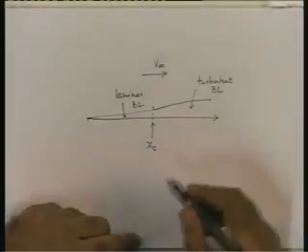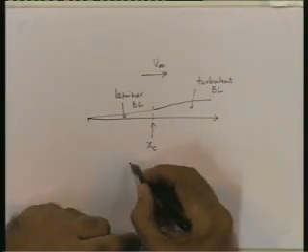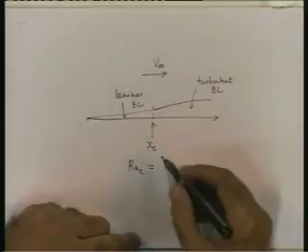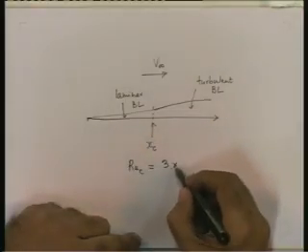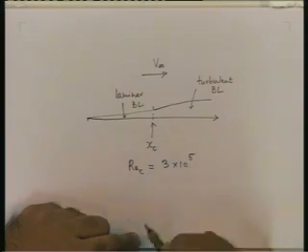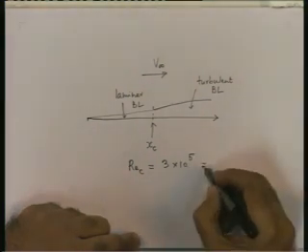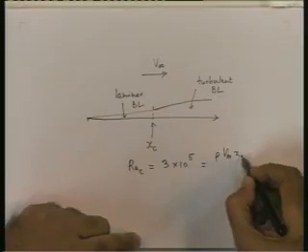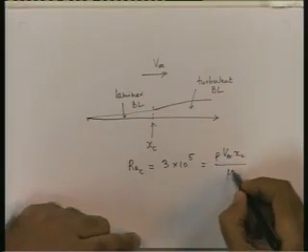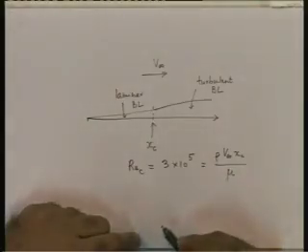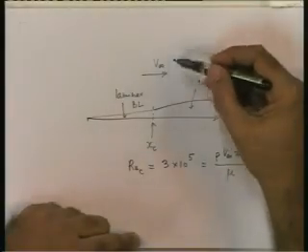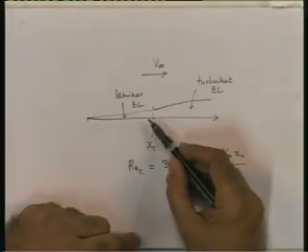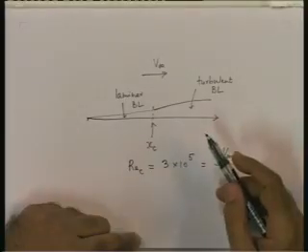And this transition distance is given by a transition or critical Reynolds number, which for a flat plate is 3 into 10 raised to 5. This will be rho v infinity xc by mu. So even though the free stream is laminar, the boundary layer may start off as a laminar boundary layer and then may become a turbulent boundary layer.